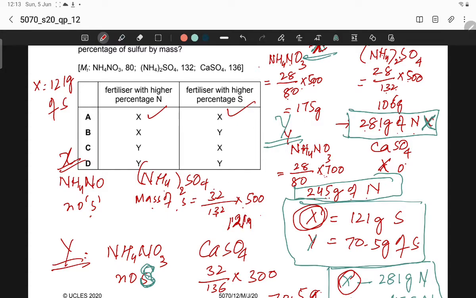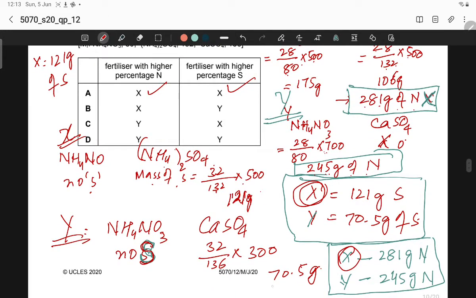The amount of sulfur is 121 gram in X, while in Y, ammonium nitrate has no sulfur, and in calcium sulfate it is 32 over 136 times 300, which is equal to 70.5 gram.